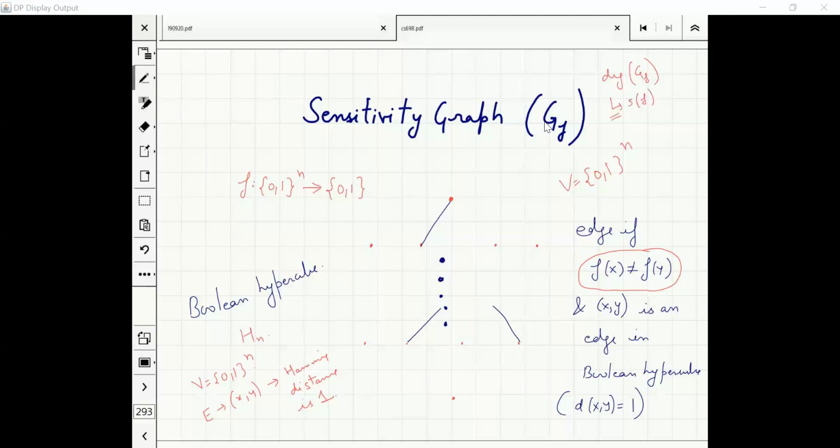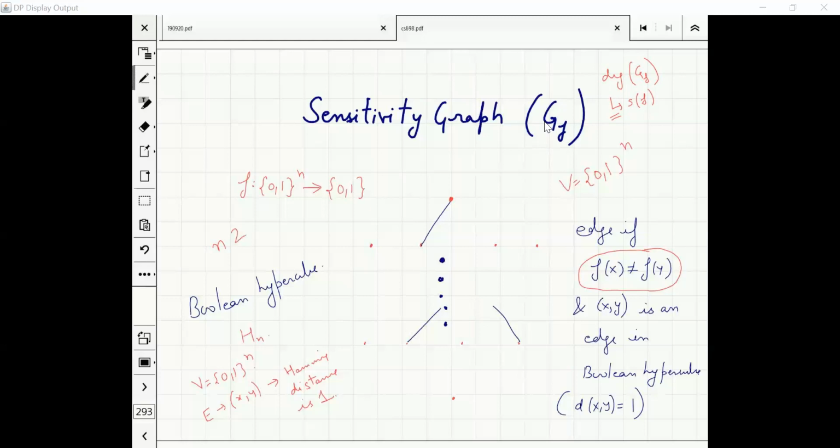But I am asking, how many edges are there in the Boolean hypercube? In a Boolean hypercube, it is n times 2 to the power n minus 1.